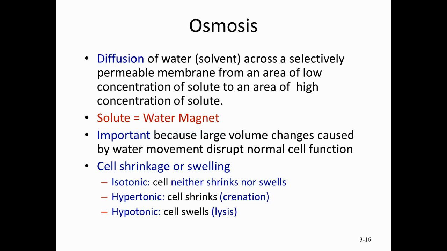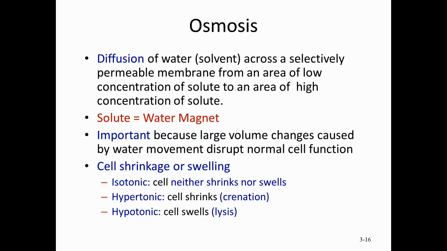Isotonic situation is where we have the same amount of solutes in a cell as we have in the solution surrounding that cell. So again, let's use a beaker as an example. So if I have a beaker of water, and that beaker of water has 0.9% saline solution in it.